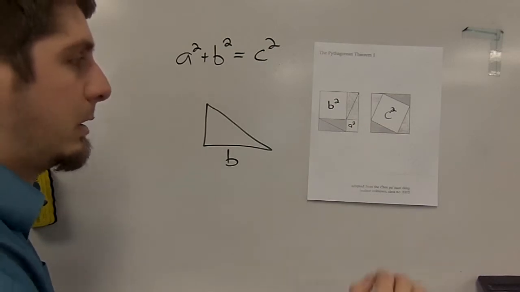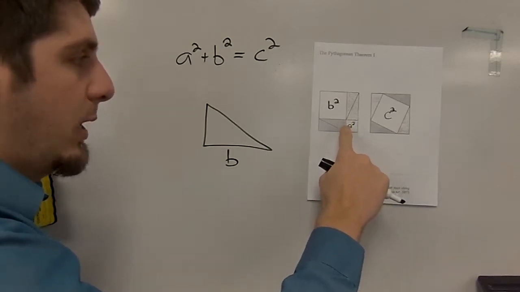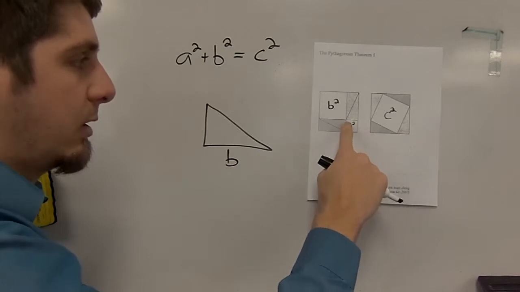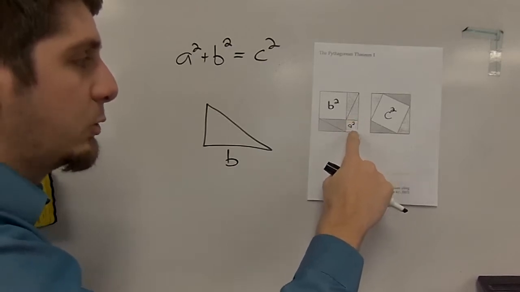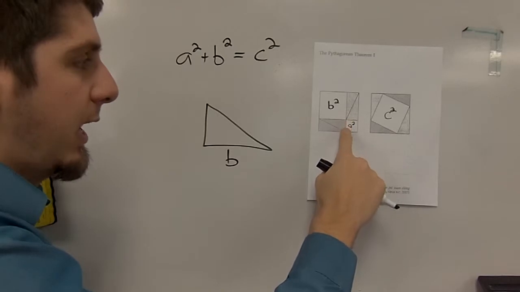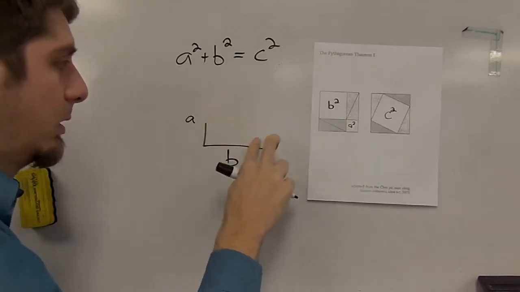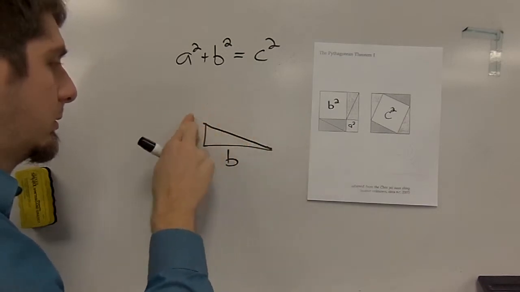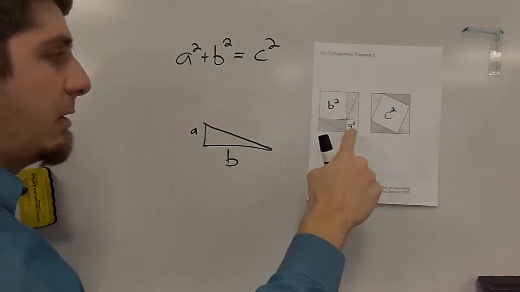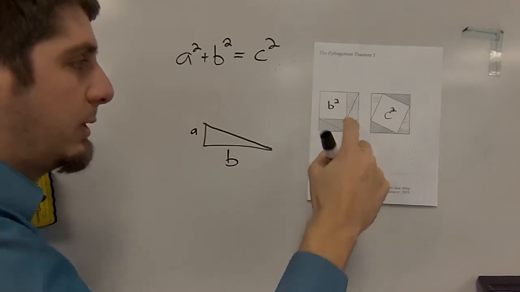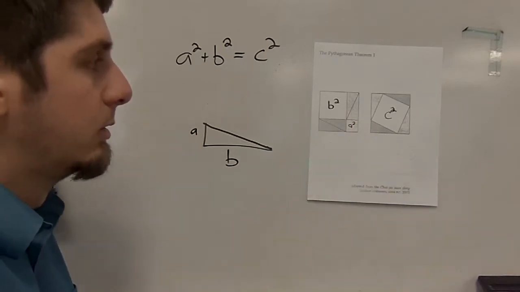Over here, this little white square is made up of sides of a and a. So the area of this little white square would be a squared, or a times a.